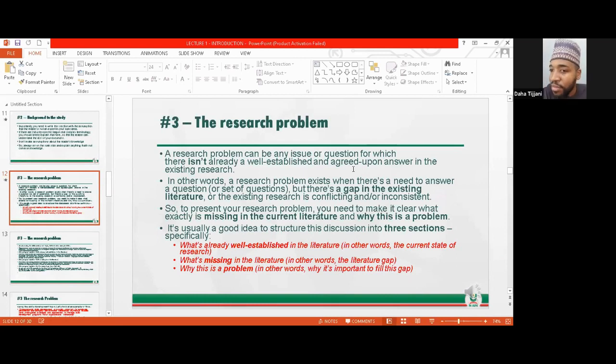For example, I have made a research about celebrity endorsement of political parties and politicians. But my research only focuses on a certain area, which is celebrity endorsement. I'm only focusing on political parties and politicians.